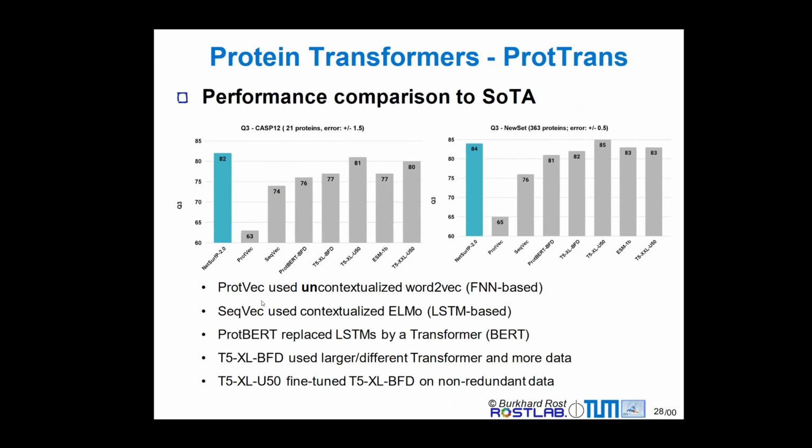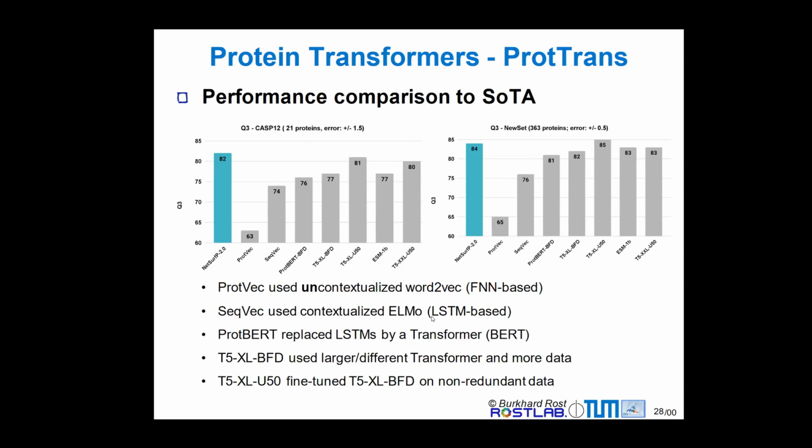This uses the uncontextualized word2vec. This means that it will always produce the same embedding for a given input word. So for apple, it will always produce the same vector representation, irrespective of whether you mean the fruit or the smartphone. Same goes for amino acids. Word2vec always produces the same embedding for the same amino acid.